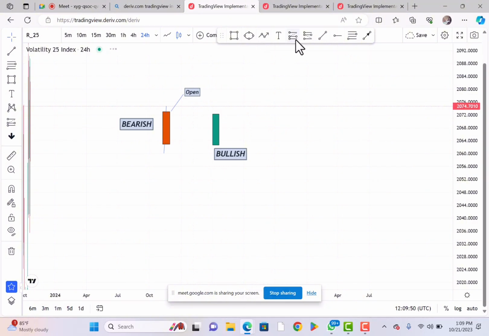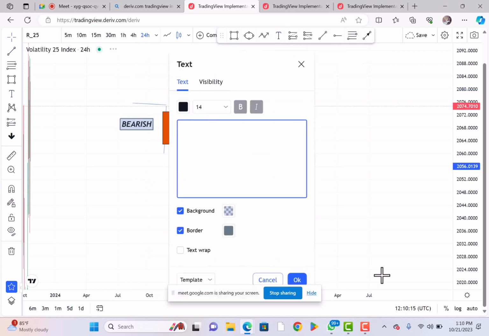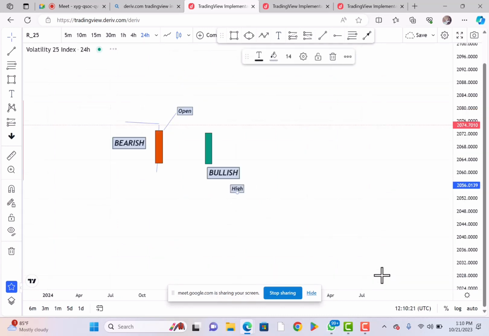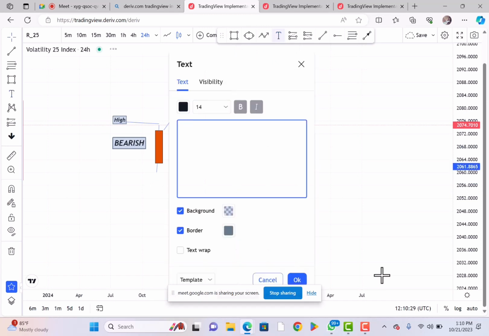So this is the open of the candle. This particular point is called a high. We have the low.